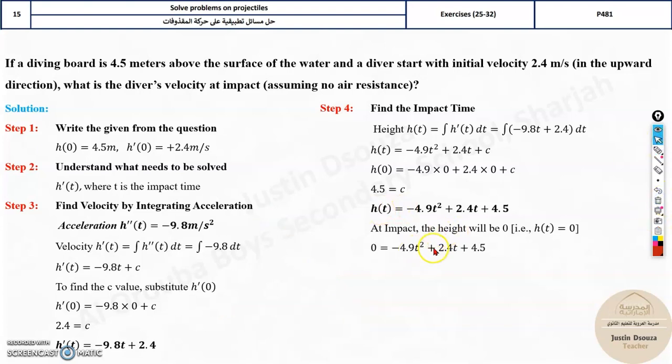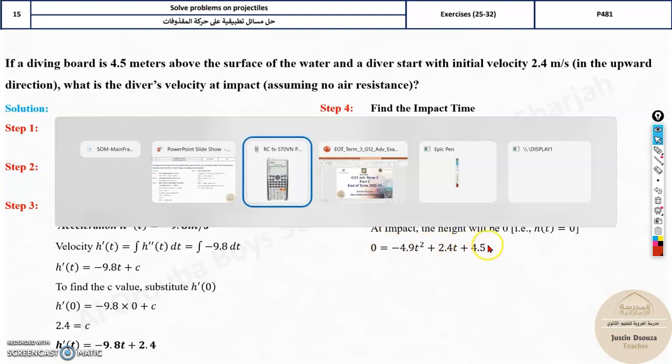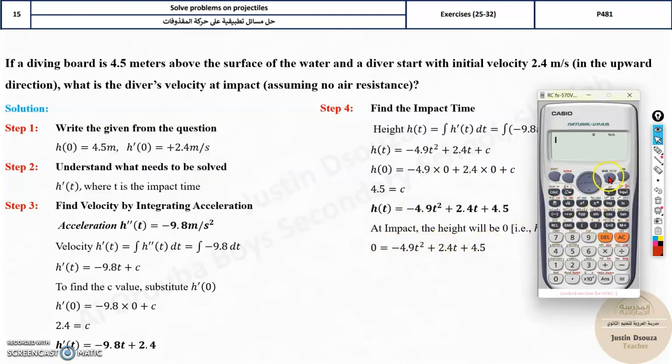Now you can solve this as a quadratic equation. All you need to do is put it in the calculator and solve. If you do not remember this, just take out your calculator and press mode 5 3. This is how you solve quadratic equations. Now you just put in the coefficients: 4.9, which is before x squared.